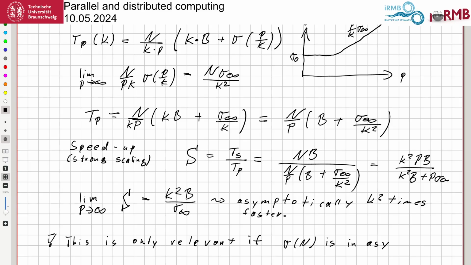This means we have to have enough workers for this to play a role. And this doesn't happen in small problems. By the way, all problems that we are doing in this course are small problems.